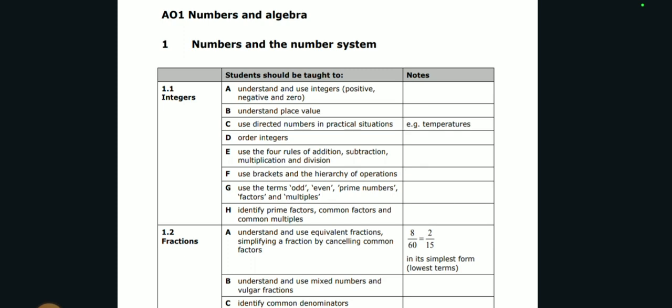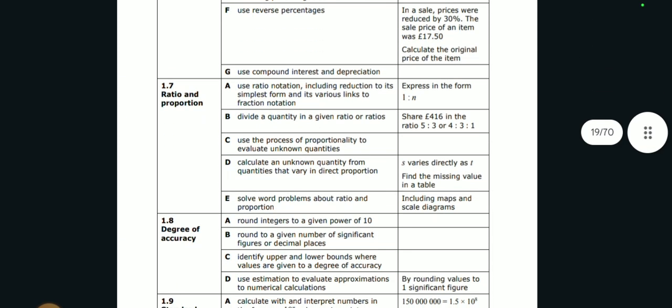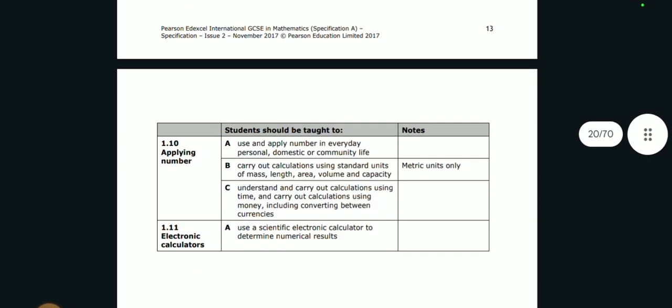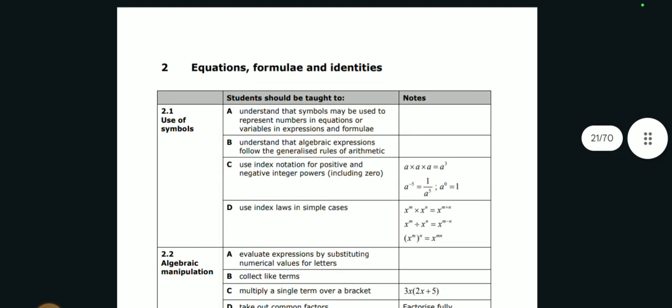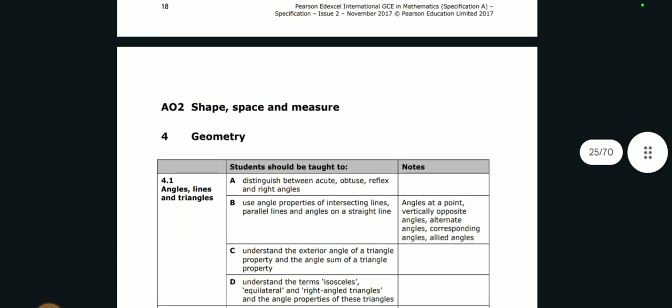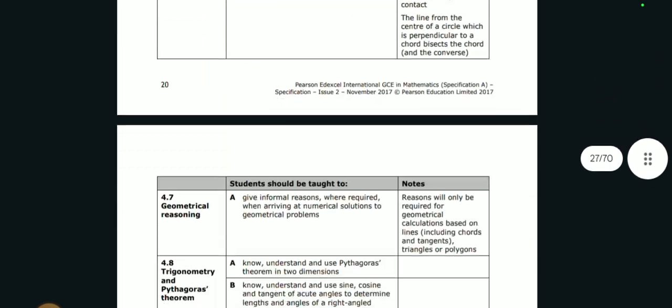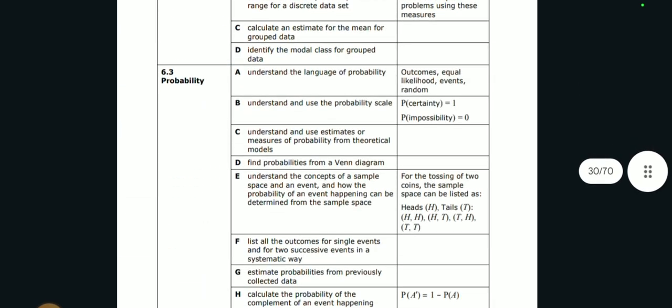In numbers and the number system, you'll have integers, fractions, decimals, powers and roots, set language and notation, percentages, ratio and proportion, degree of accuracy and standard form, and applying number and the electronic calculator. Everything that you need is given in your syllabus. Then this is chapter 2, and every chapter with its subtopics is given over here. This is the whole foundation tier.